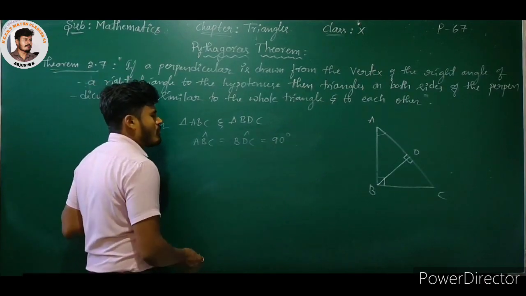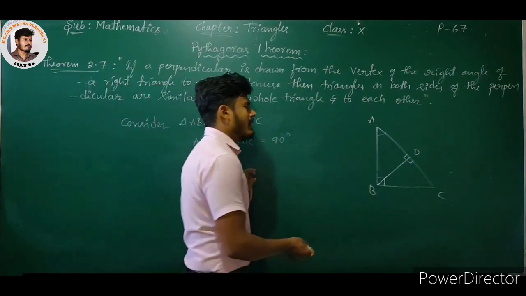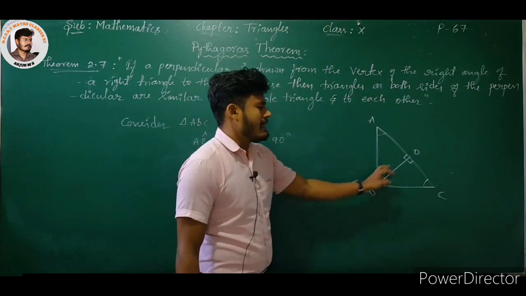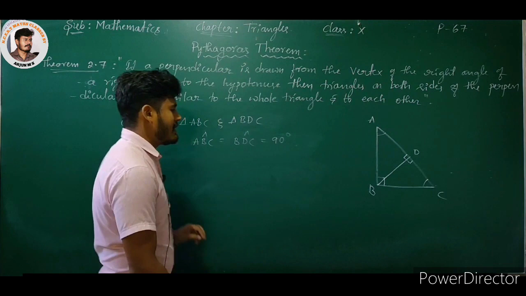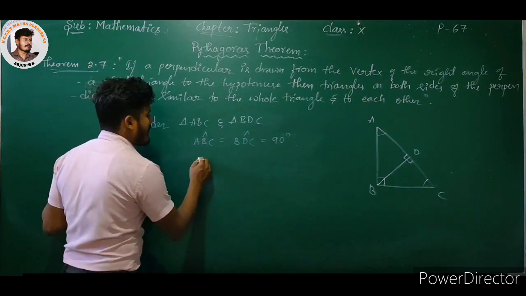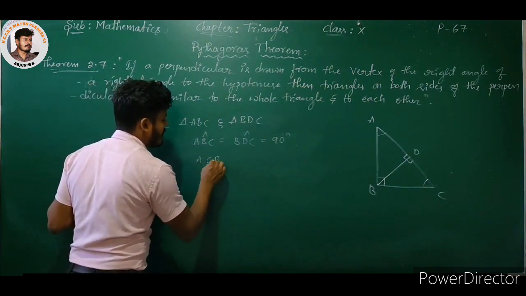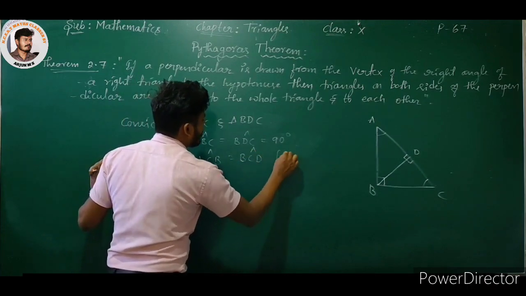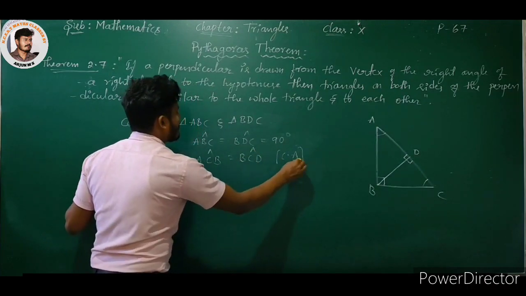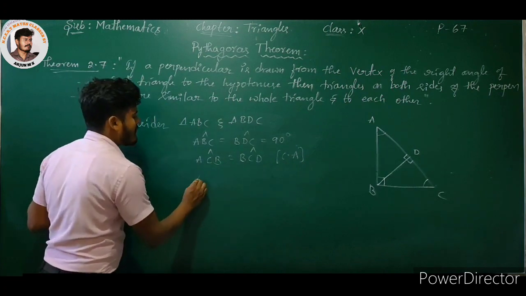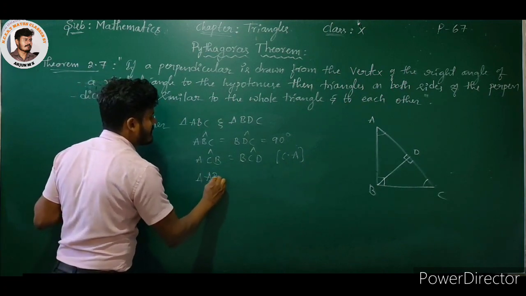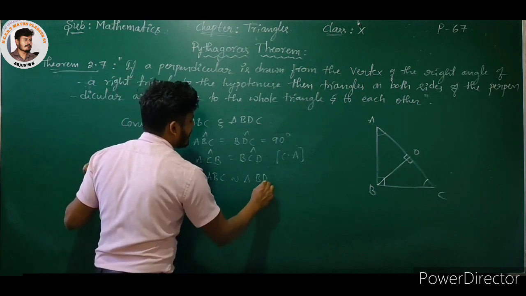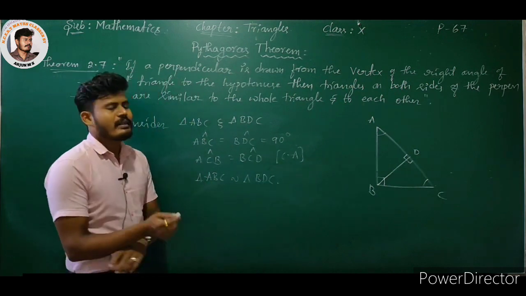And then one more angle is needed. In triangle ABC, angle C is there. In triangle BDC also angle C is there. That's why angle ACB is equal to angle BCD, both are the common angle. According to the AA similarity criterion, triangle ABC is similar to triangle BDC, right?